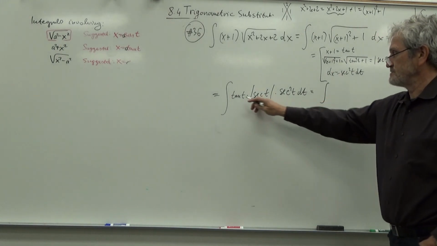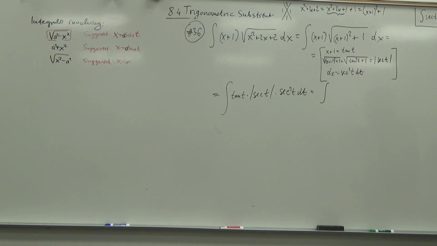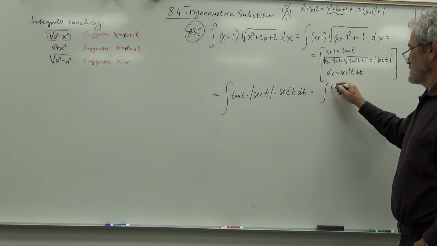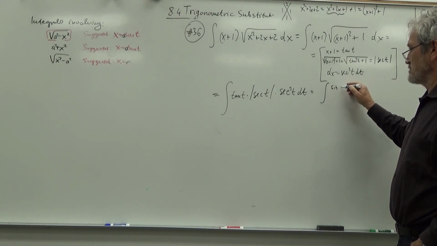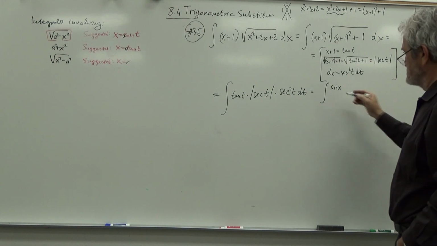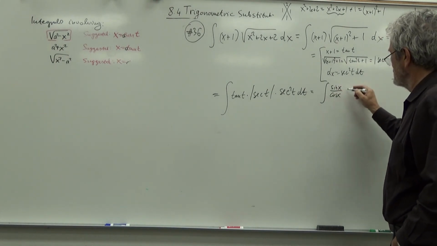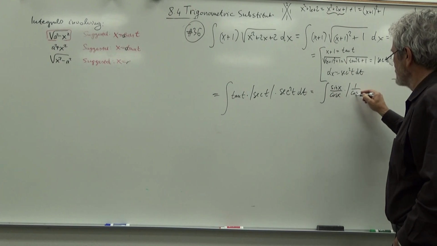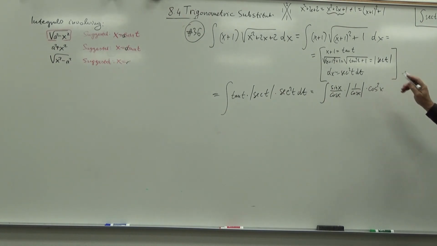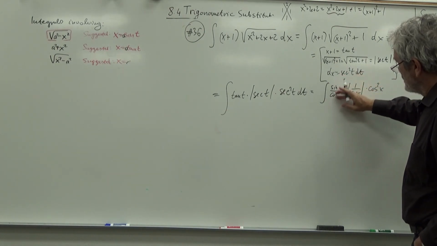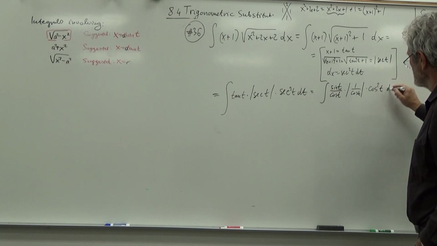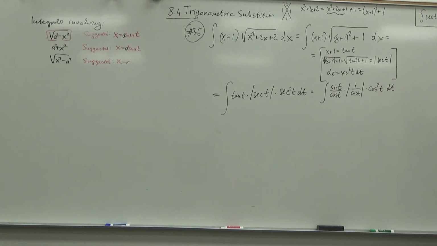It is integral, tan is sine over cosine, so we'll get sine t over cosine t times absolute value of 1 over cosine t, and times cosine squared t dt. Not x, sorry, I forgot what our variable is, it's t.